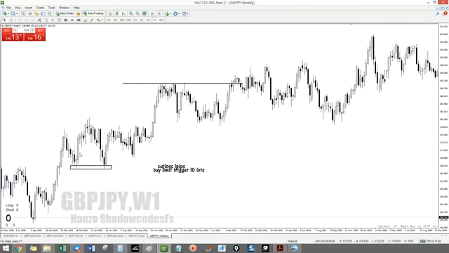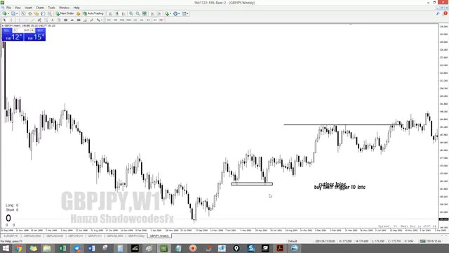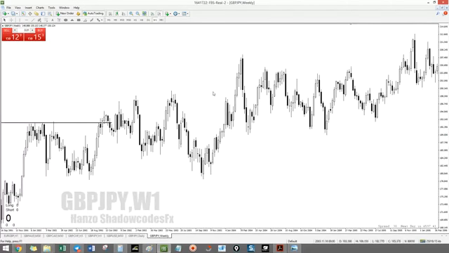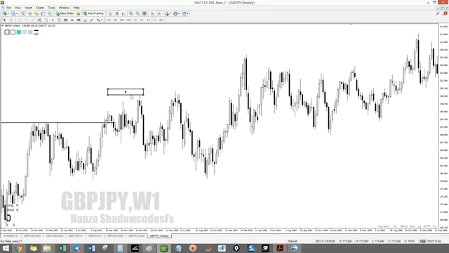Okay, so this is a drop base rally, and then you find your entry there. Let's find other setups. And then you will have over here.